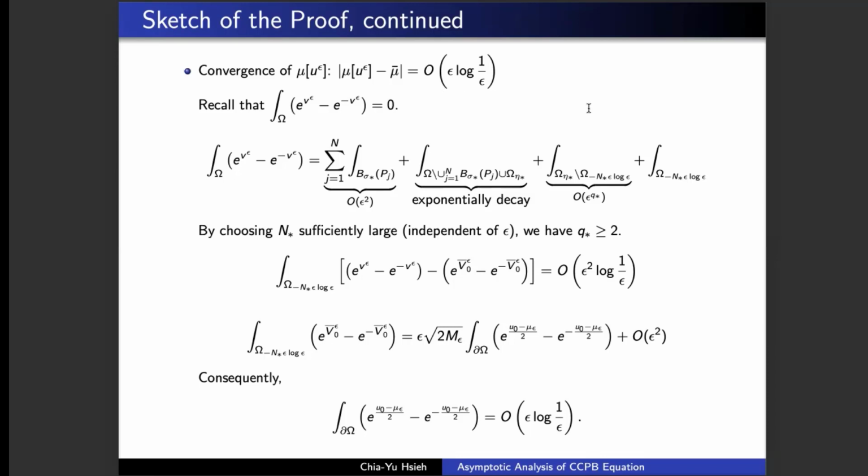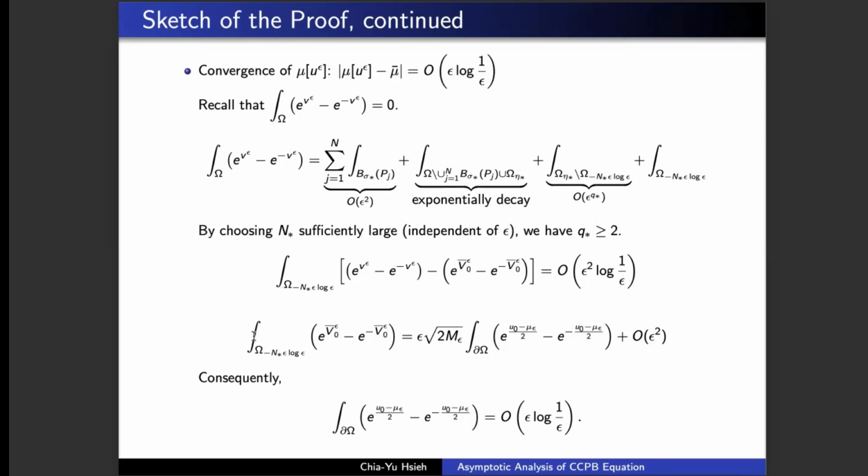Let's remark here. If we don't further decompose the region near the boundary into two parts, that is, if we just put the integral over omega eta star here, then the difference will give us just order epsilon instead of this one.